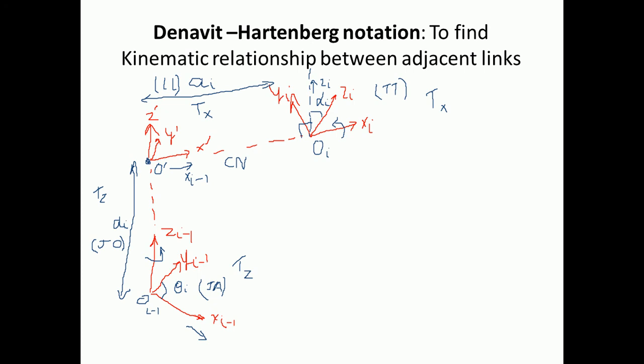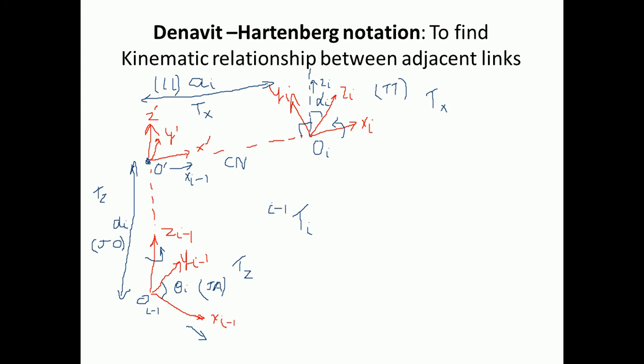So what we have done over here, we are trying to find the homogeneous transformation matrix of this i frame to this i minus 1 frame. So this is the representation of the homogeneous transformation matrix, capital T, and we are trying to find the relationship between this i frame and i minus 1.